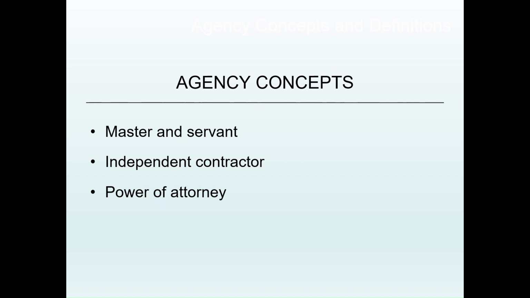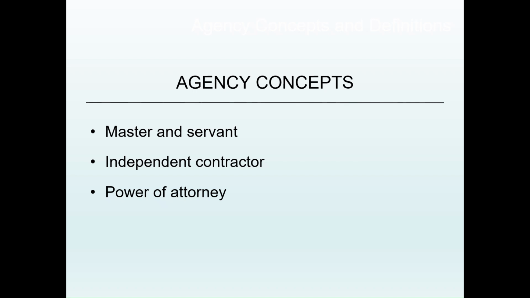The independent contractor contracts with an employer for specific results. The employer does not control how the independent contractor achieves those results. The employer retains no right of control over the independent contractor. And control, if you're looking at this difference between master servant and independent contractor, control is the key determiner of whether an individual is an employee or an independent contractor. The less control, the less they are an employee.